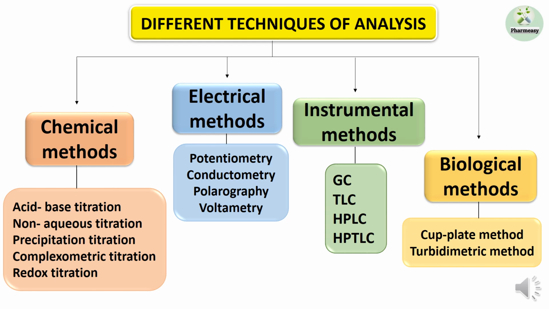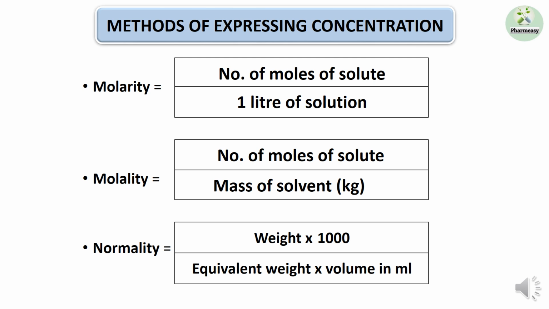Now, our next topic is methods of expressing concentration. So, first one is molarity. Molarity is defined as the total number of moles of solute present in 1 liter of solution. It is denoted as capital M and its unit is moles per liter.